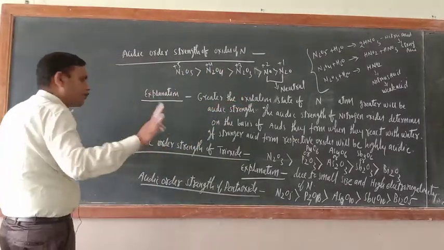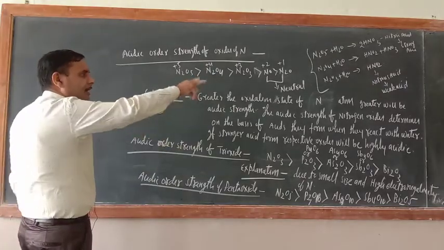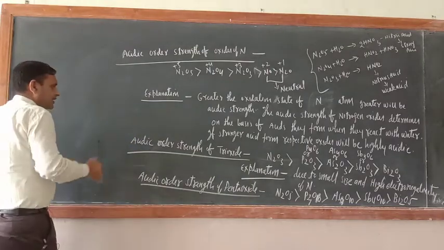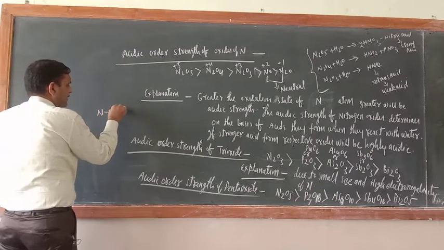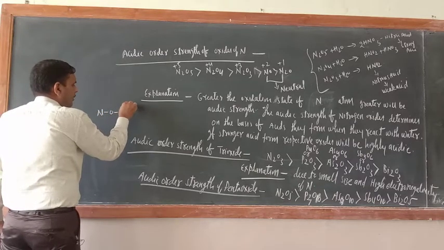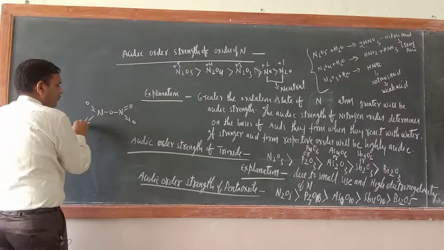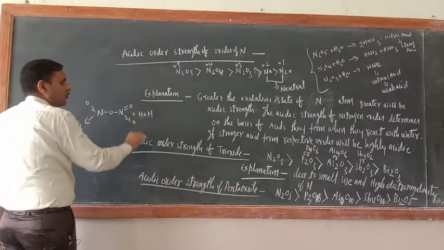If you want to know the reaction of the different types of oxide with water, it is very easy. Just try to understand. What is the structure of N2O5, nitrogen pentaoxide? Double bond O, coordinate bond O, double bond O, coordinate bond O, and its reaction with water. Water can be written as HOH.